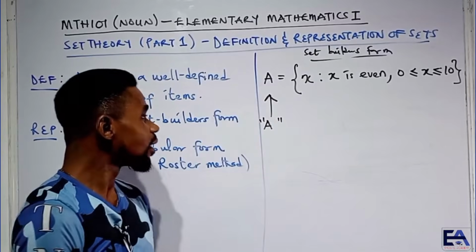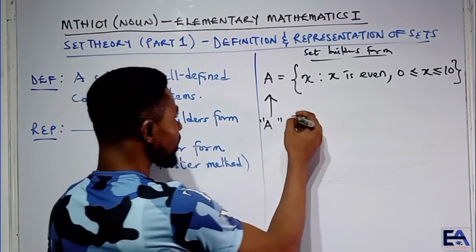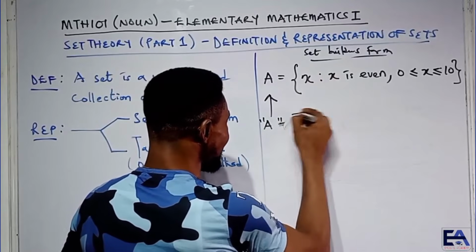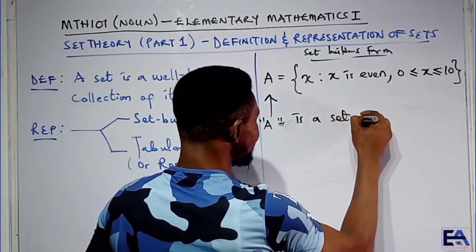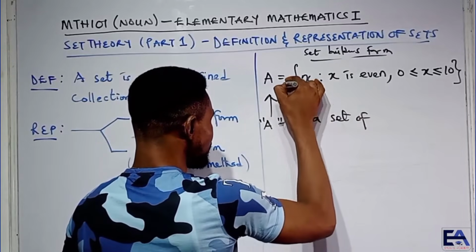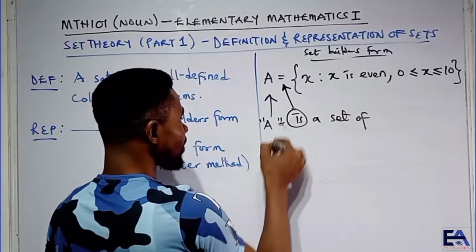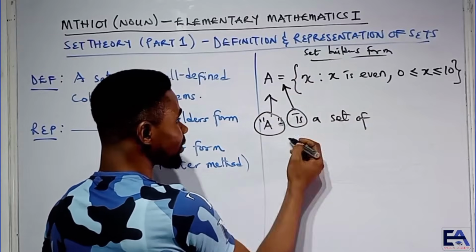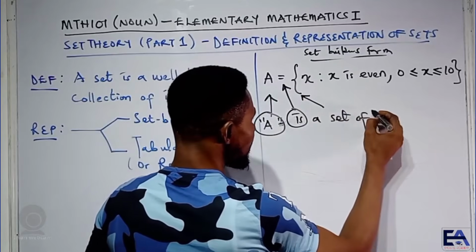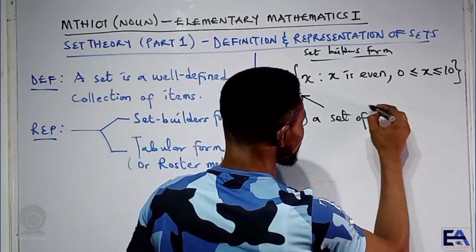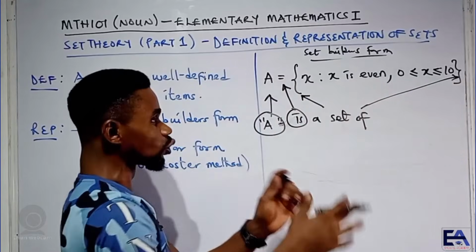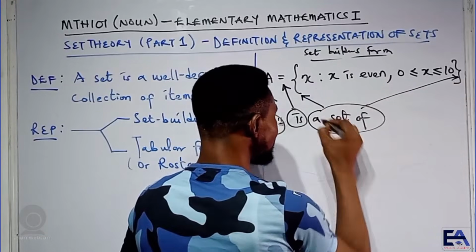Now, back. We say A is a set; this equality means "is". So this one is "A is". Then the brackets that you have here, the combination of the two brackets, represents "a set of".